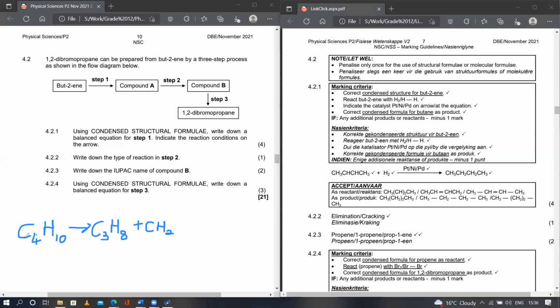You can either say you eliminated a carbon and 2 hydrogen atoms, or you can say you cracked butane into propane and CH2. But you understand, right?